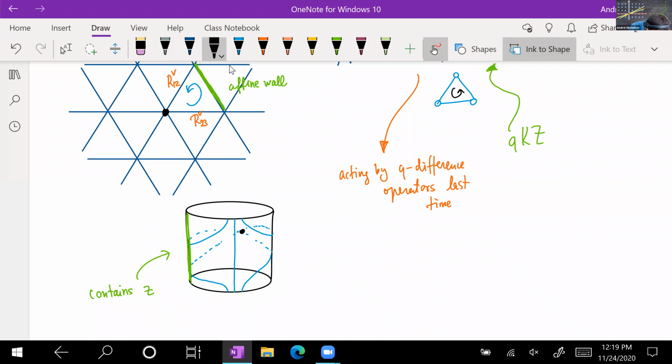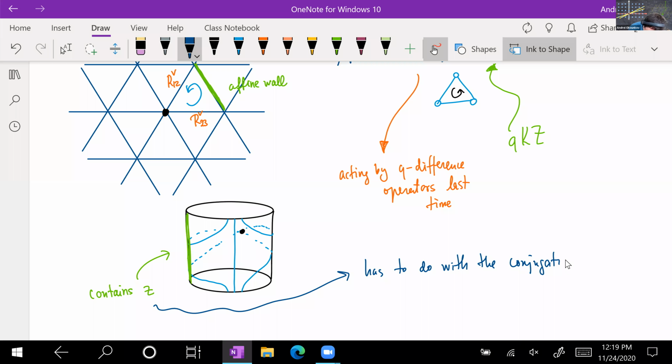And that Z has to do with the conjugation. So it's not just that there is an automorphism of the affine arrangement that takes any of these walls to the affine wall.